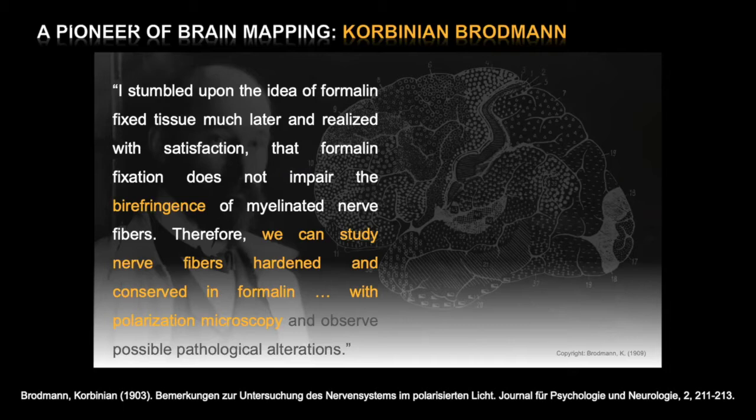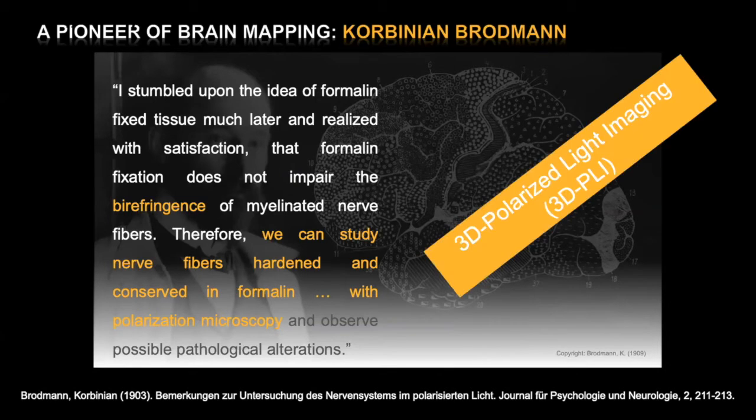And the devices we use are called polarization microscopes. And this is, in the end, brought to nowadays research, state-of-the-art technologies, what we call the 3D polarized light imaging or 3D PLI.